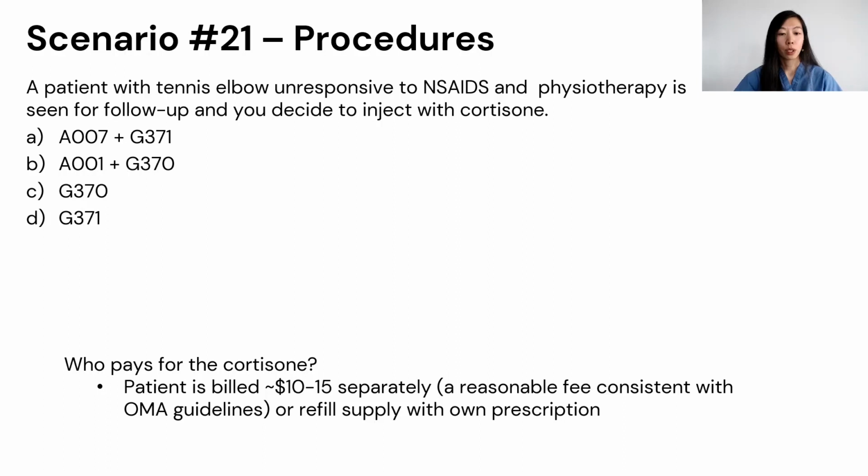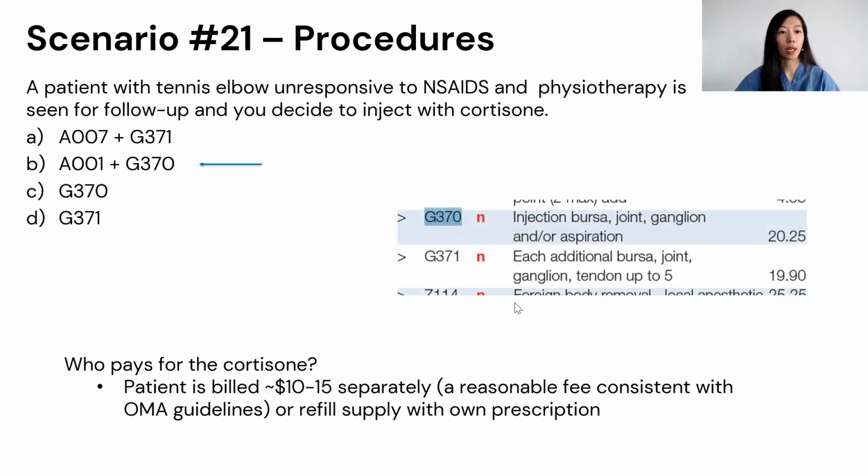And scenario 21. A patient with tennis elbow is unresponsive to NSAIDs and physio, is seen for follow-up, and you decide to inject with a cortisone. What would you bill? So the answer is B, and this is the reason why. Whenever you do a tendon injection, you only inject one tendon, right? So it's G370.